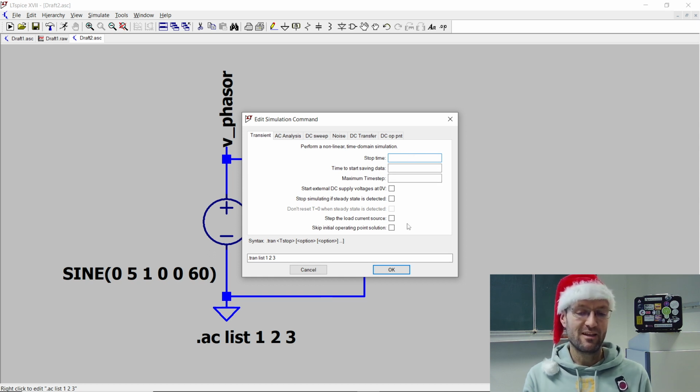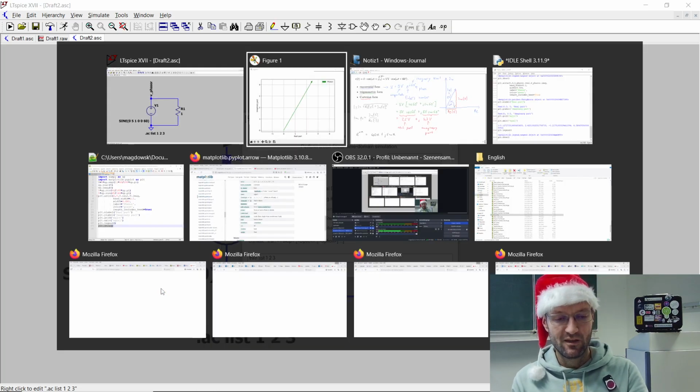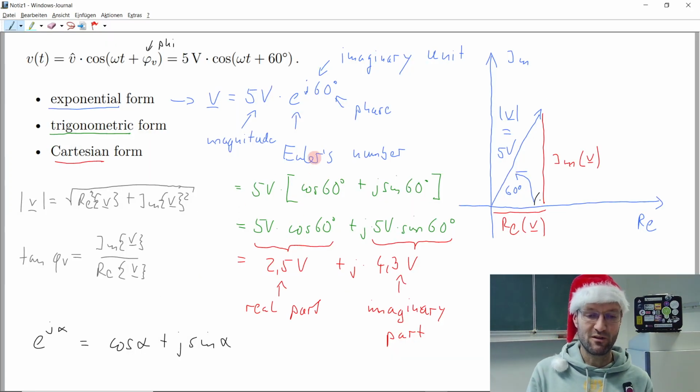And now the trick is maybe also a bit weird. So we have set here 1 hertz of frequency. So the periodic time is also 1 second. And what we want to have in our calculation to go from the exponential form to the real part and imaginary part is we want to have the cosine of this and we want to have the sine of this.